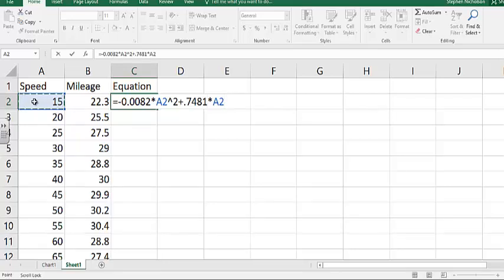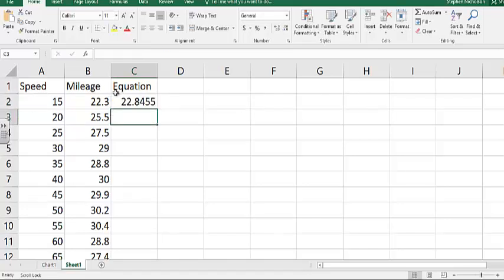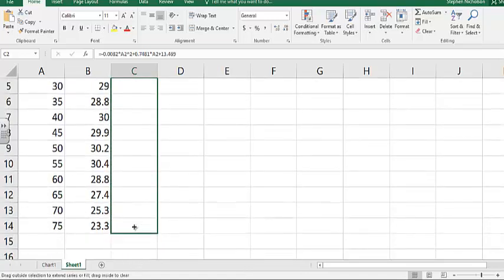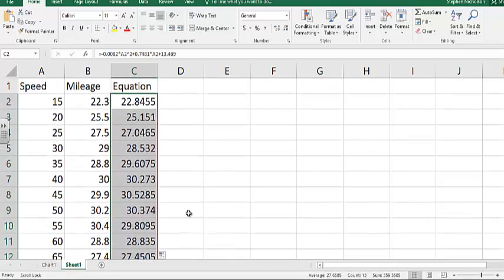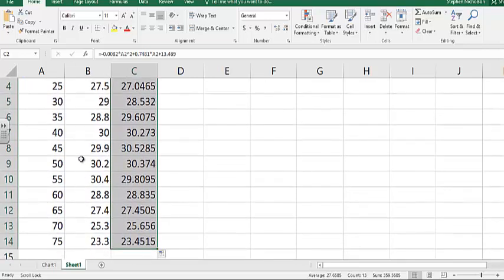And we add 13.469. And the number we get should be close to being 22, which it is. Okay, so that's pretty close to that. And then to copy the formula, you just click on the cell, grab this corner, drag it down. That copies the equation, and you'll see that the numbers match up pretty closely.